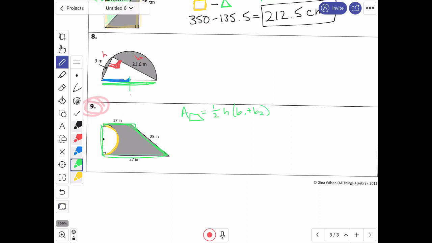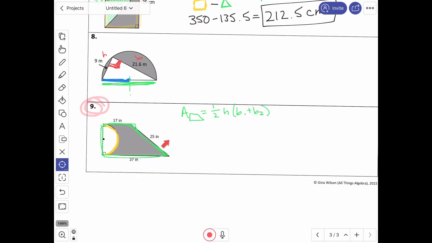I have my bases, this would be a base, that would be a base, but I don't have my height. My height would be listed here or here typically, and I don't actually have anything known about this circle, so I'm going to need to find that height first.